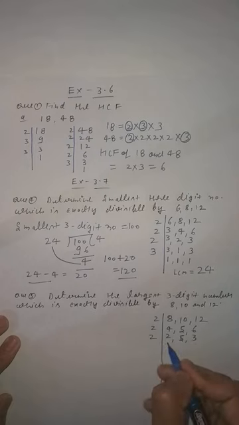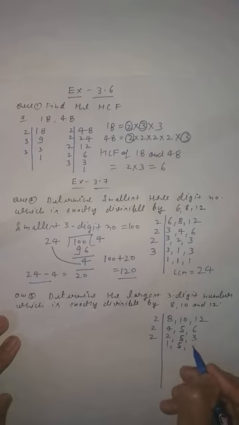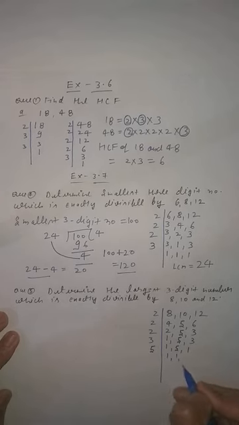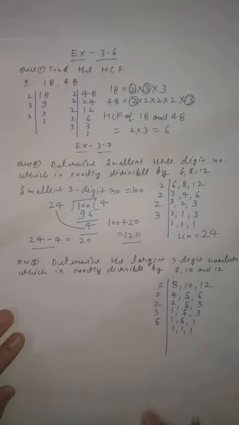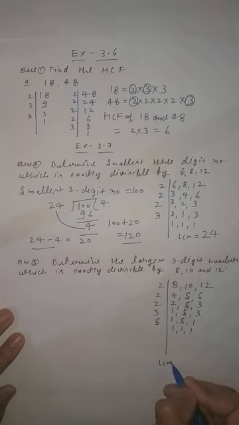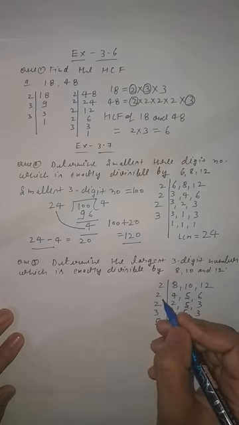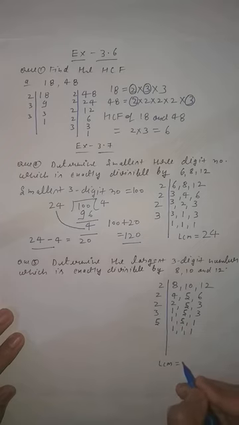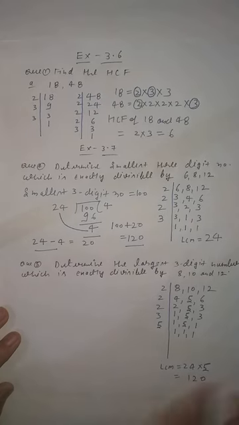Then 2 1s are 2, 5, 3. Again you will divide by 3, then by 5. So what is the LCM, students? LCM is 2 2s are 4, 2 are 8, 3 are 24, 24 5s are 120. You know that, everyone. So the same process you will apply.